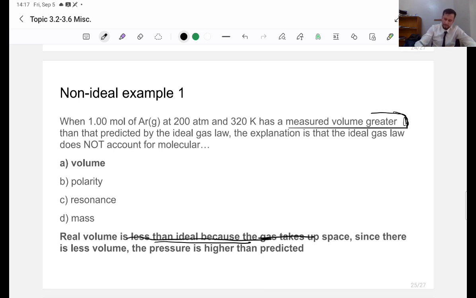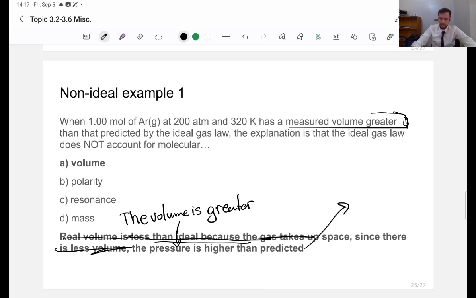The real volume, or the volume, is greater since the pressure is higher than predicted. Okay? So that's the reason. The volume's greater because there's more pressure than predicted. And why is that?